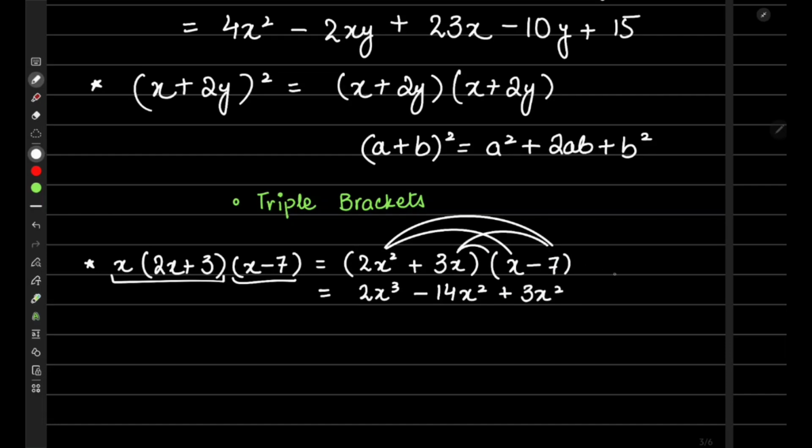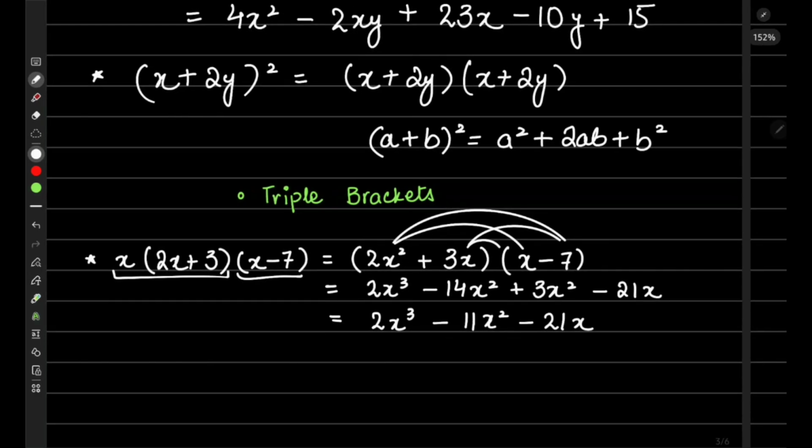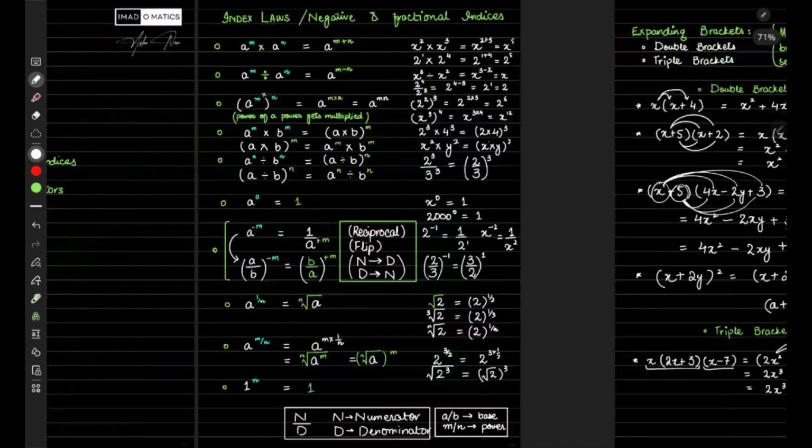And 3x times minus 7 gives you minus 21x. Now just add them up. 2x cube minus 11x square minus 21x. This is how you expand this type of brackets. Now if you have triple brackets, let's move on to the next page.